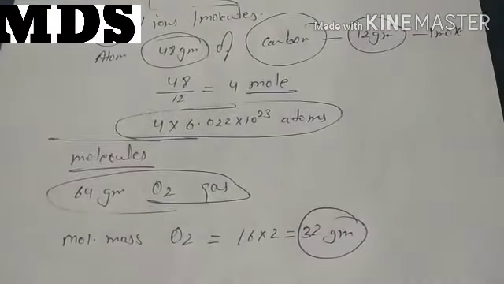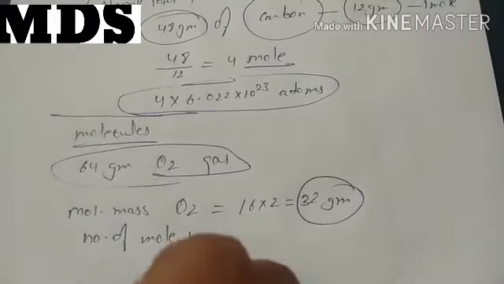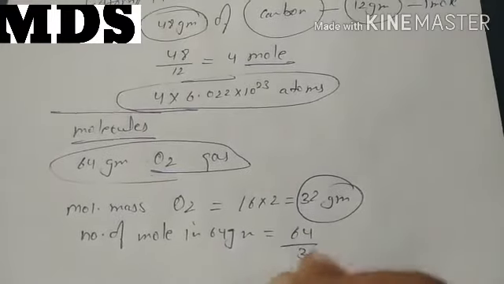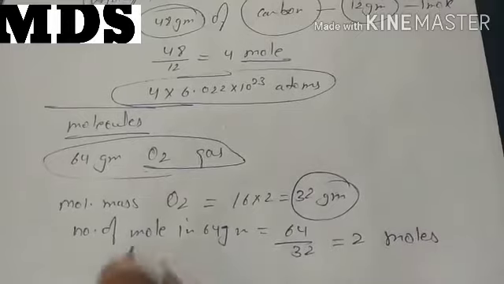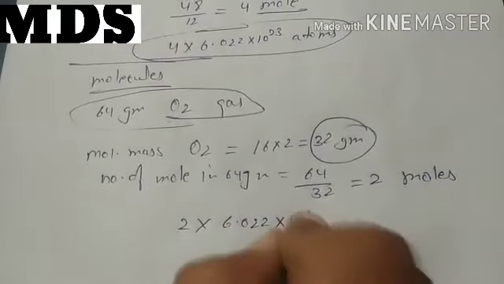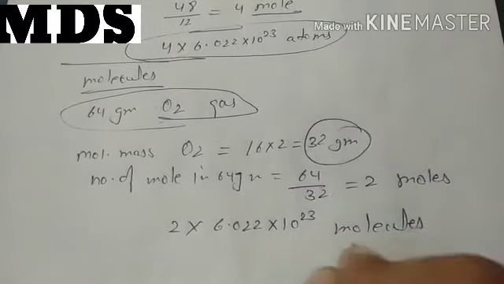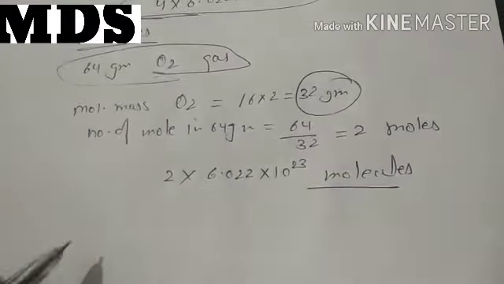So 32 gram will be 1 mole. So number of moles in 64 gram is 64 divided by 32, which is 2 moles. So 2 moles means 2 into 6.022 into 10 raised to power 23 molecules.